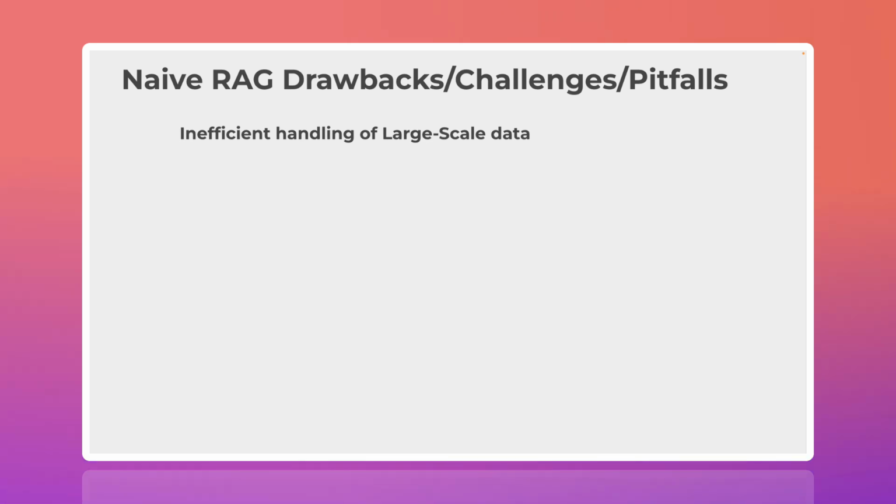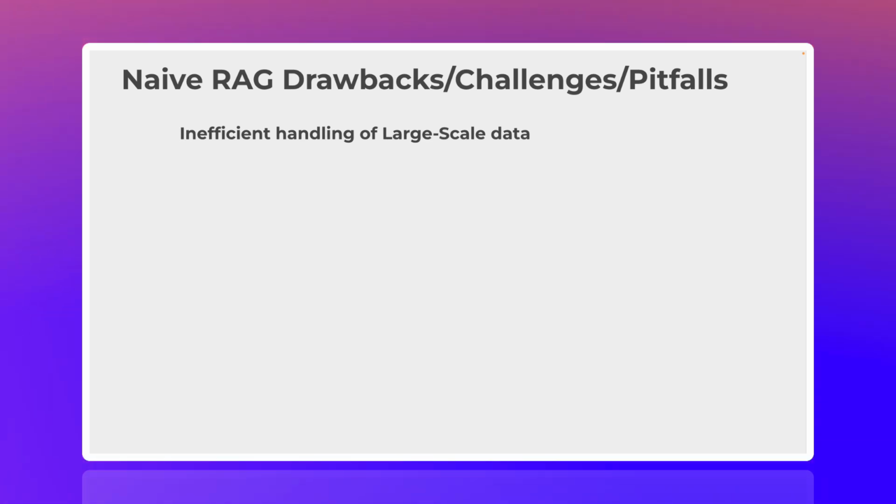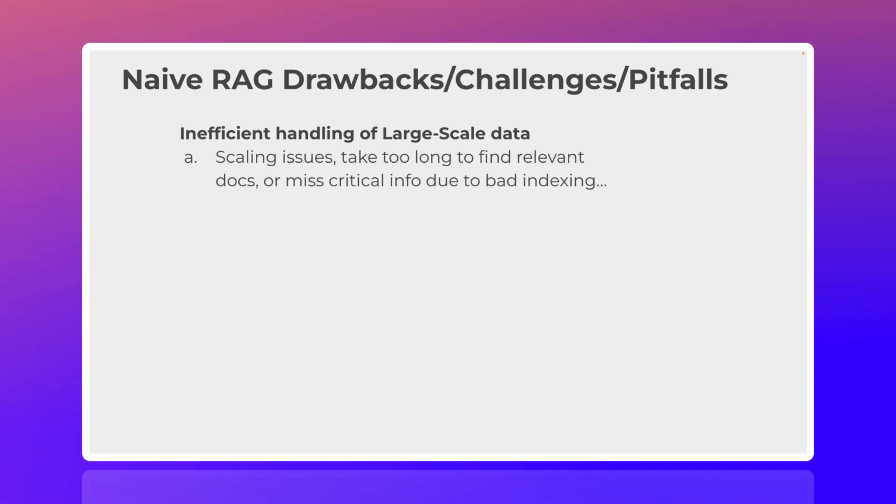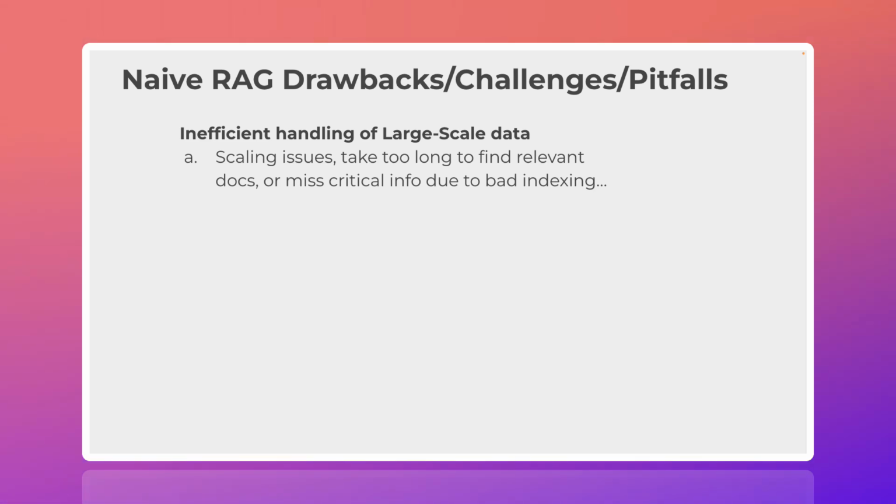And the next one is inefficient handling of large scale. Let's look at the overview. The idea is that naive RAG systems tend to struggle with scaling to large data sets because of inefficient retrieval mechanisms, which lead to very slow response times and, of course, decreased performance. Because it takes too long on larger scale data sets to find relevant docs, which of course leads to missing information due to bad indexing, essentially.